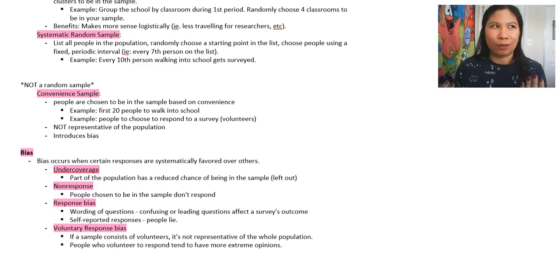Or they are friends with the owners or whatever, had a great experience, and so they want to take the time to write a really good review. The ones in between who had a just okay, decent experience, they're less likely to actually go and take the time to write a review about it. So that's why with voluntary response bias, you tend to get more of the extremes in responses.